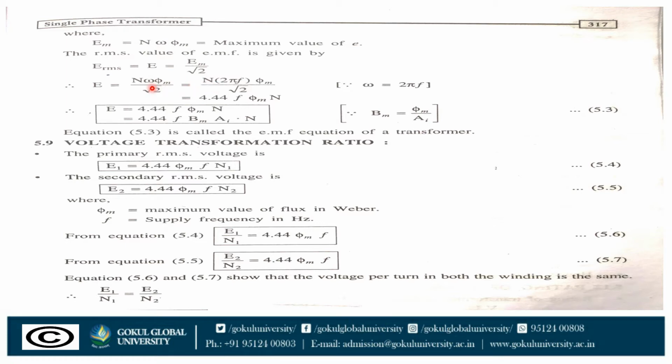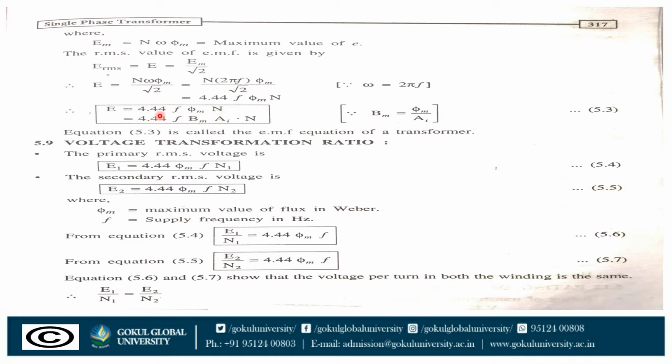Now omega is the angular frequency, equal to 2 pi f. So we put 2 pi f into phi m by root 2. By solving this equation we get 4.44 f phi m n. So the equation becomes E equals 4.44 f phi m n.